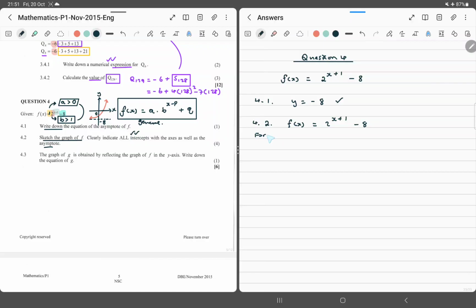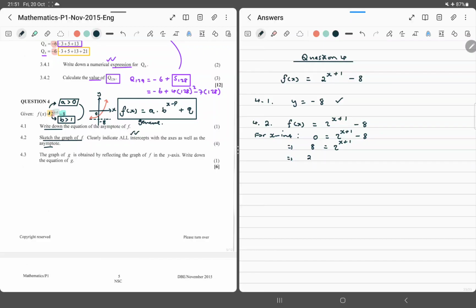We need an x-intercept. For an x-intercept, it is such that 0 is equal to 2 to the exponent x plus 1, minus 8. Then this implies that 8 is equal to 2 to the exponent x plus 1.